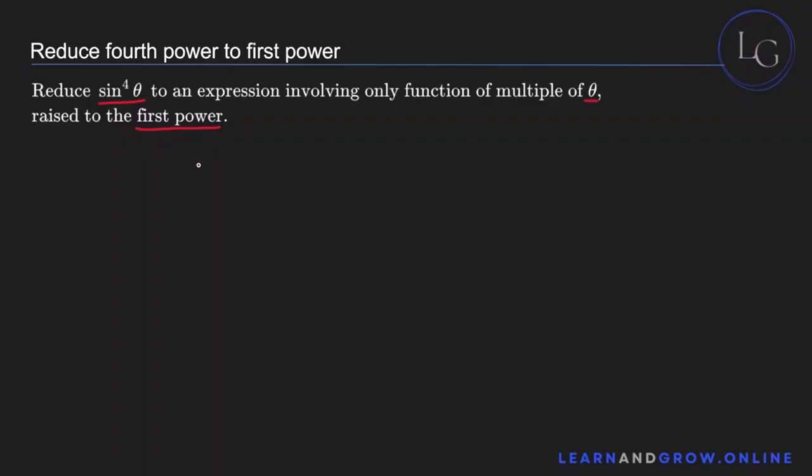So what this means is that basically you need to convert this sine theta to the power 4 into a constant being multiplied with a function of theta, but the condition on this is that it must be a linear expression of theta. Okay, so there must not be any square terms after the constant, not a single one, not even the bracket. That must not be a square term either.